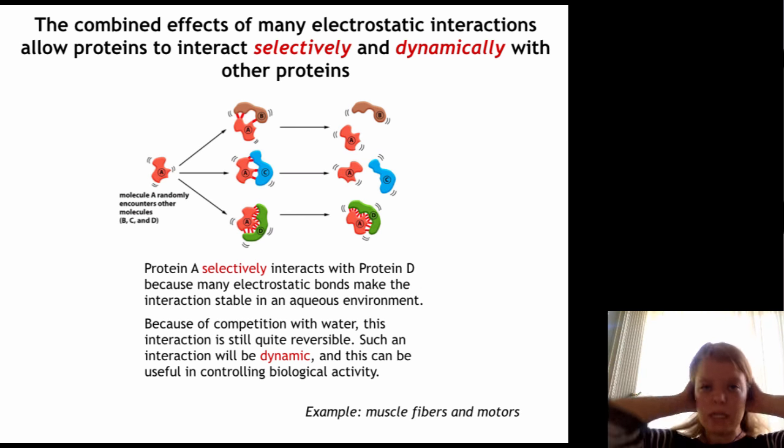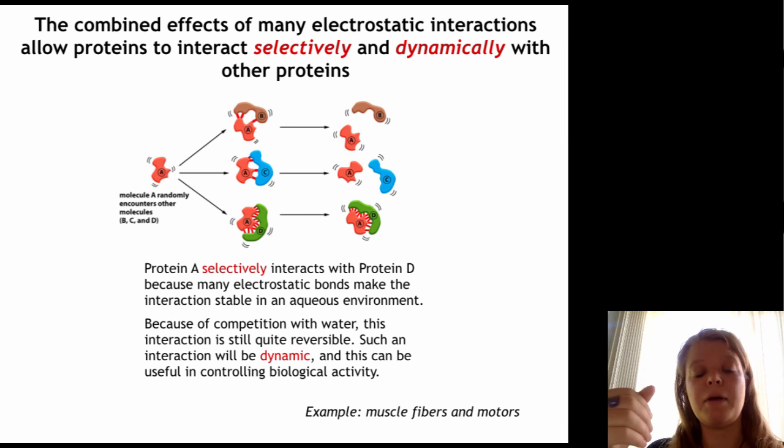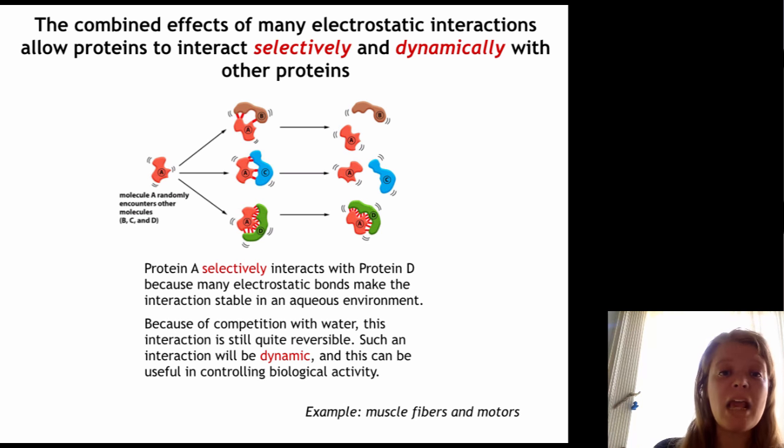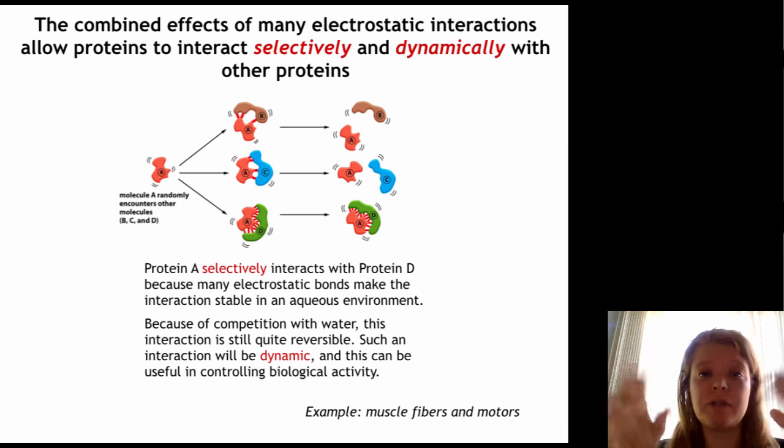against. So, as I said, the proteins are able to interact both selectively and dynamically with other proteins because they use electrostatic interactions and not covalent bonding to form. And the more electrostatic interactions two proteins can come up with, the better and more stable their bonding will be. So you can see here protein A has a few side chains poking out of it that are capable of an electrostatic bond.